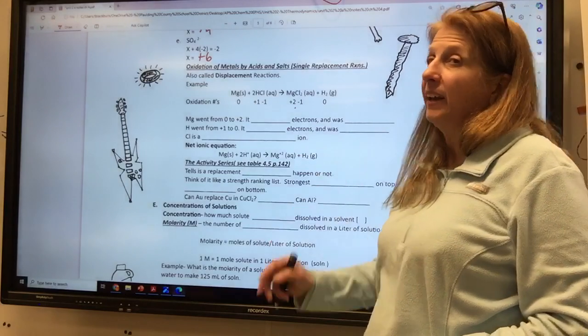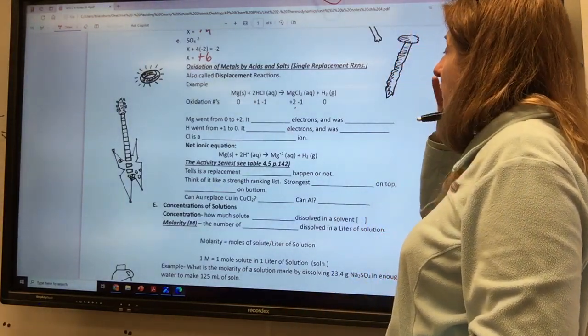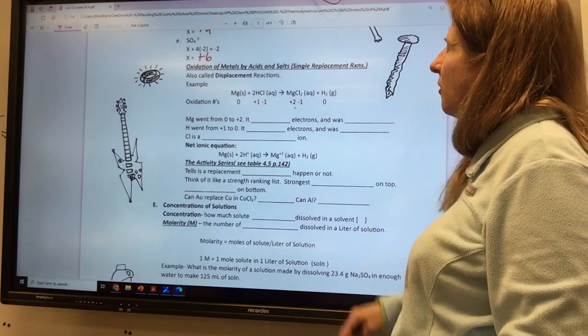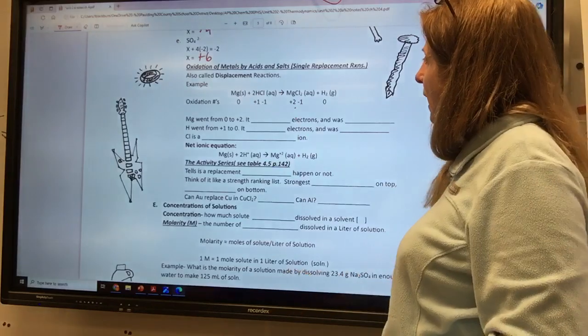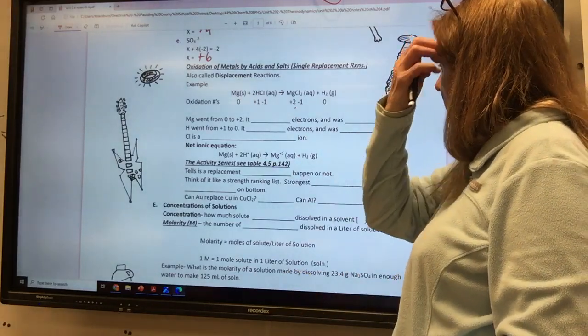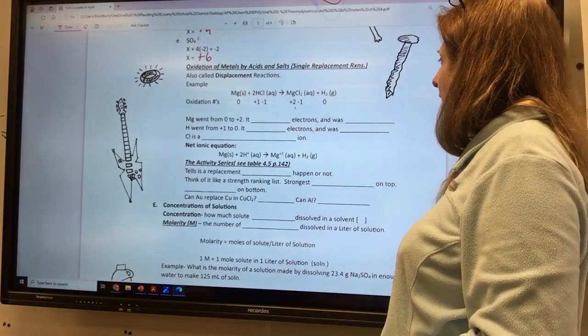Okay, next idea. Oxidation of metals by acids and salts are single replacement reactions. They're also called displacement reactions. So for example, I've got magnesium and hydrochloric acid, and the magnesium cuts in and displaces the hydrogen.